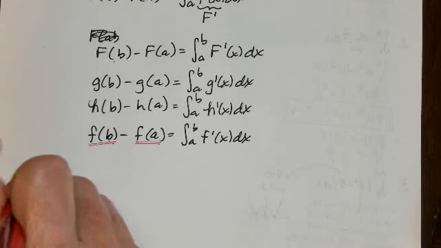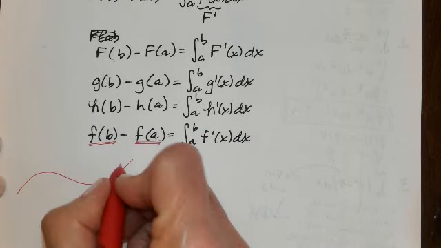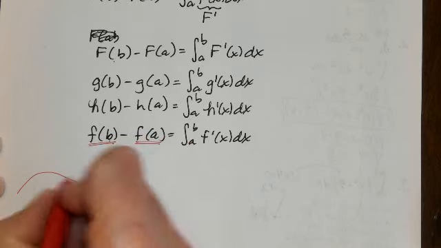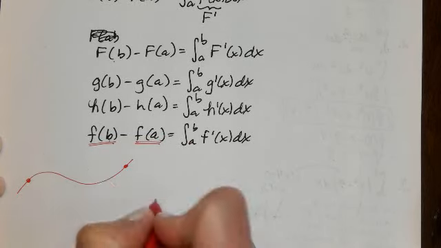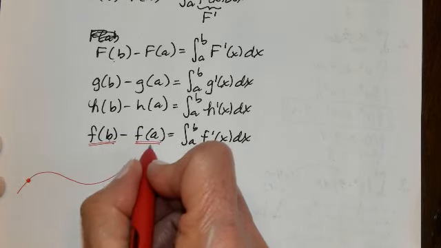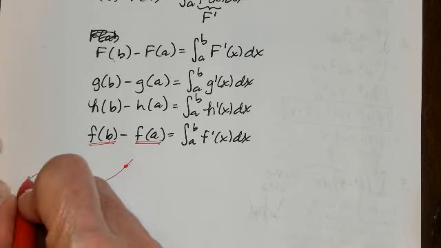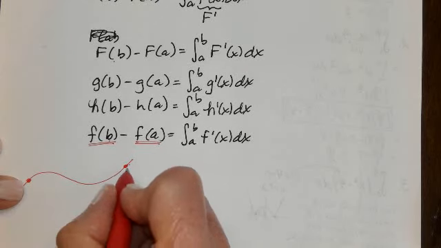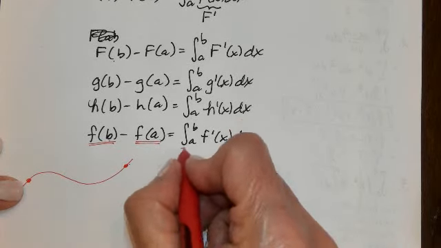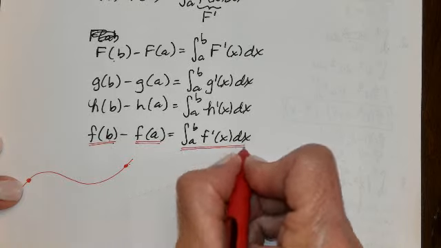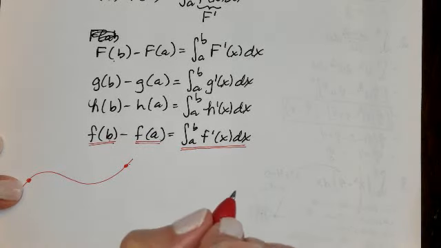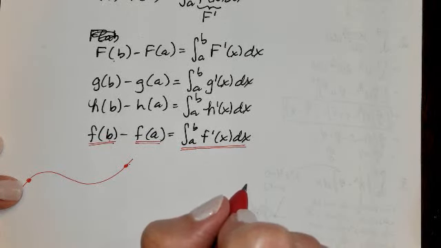So if we have a curve, this would be like f of b, and this would be like f of a, right? The function at b minus the function at a is always equal to this definite integral. Okay?